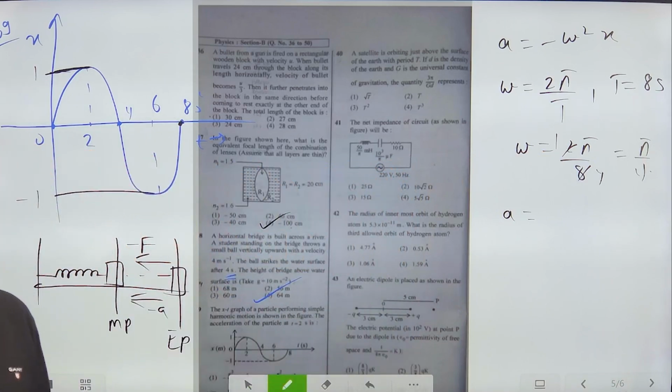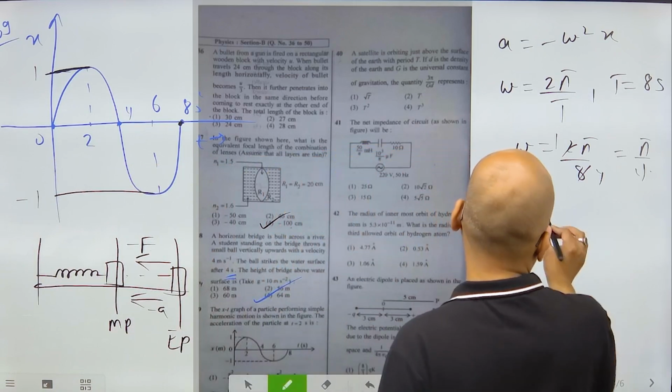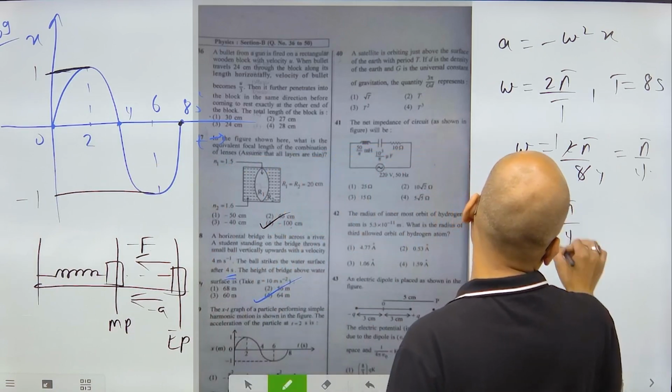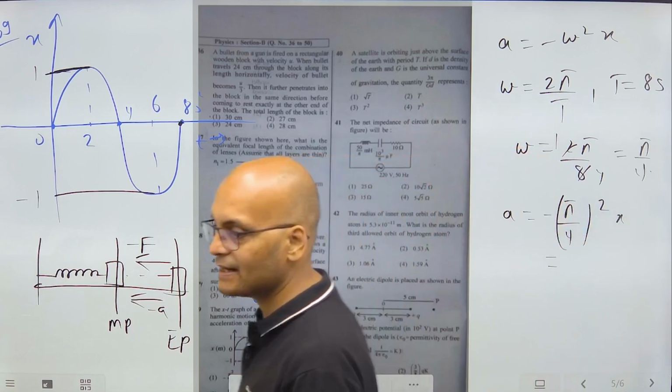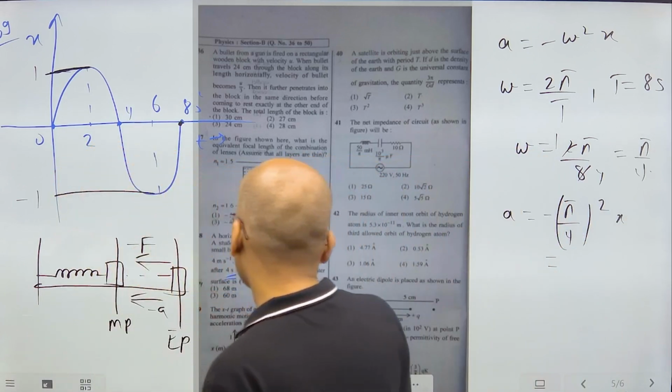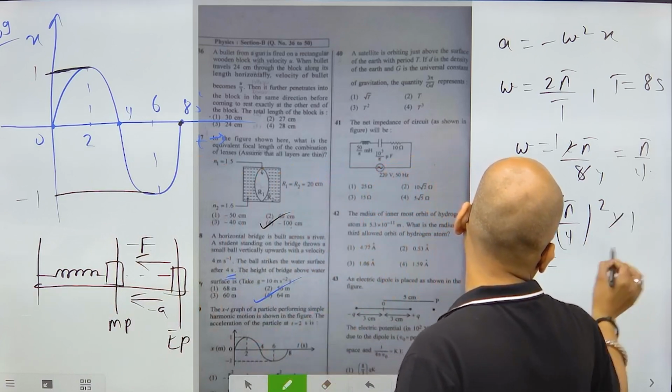Very basic question. Then solve. You can calculate the acceleration: minus pi by 4 whole square into x. X is 1.